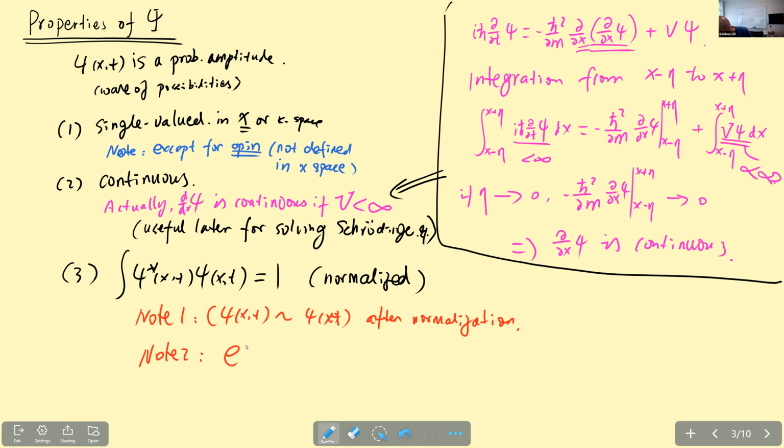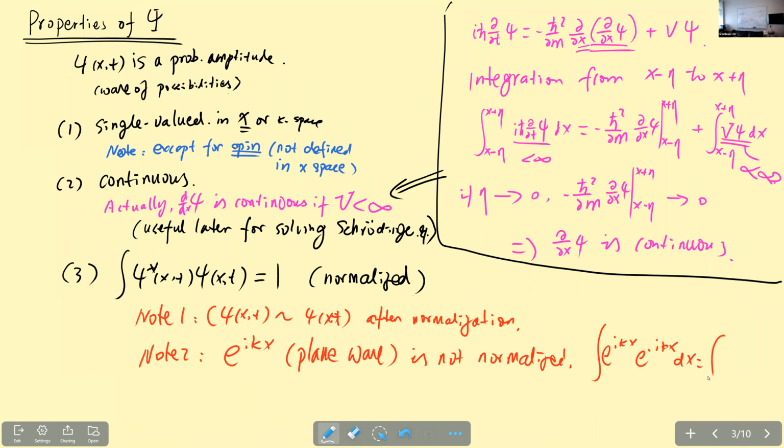Okay. And note 2, you know that this one, actually, this is a plane wave. Okay. It's not normalized. And you cannot multiply any constant to this one to make this one to be normalized, because this just equals to infinite.